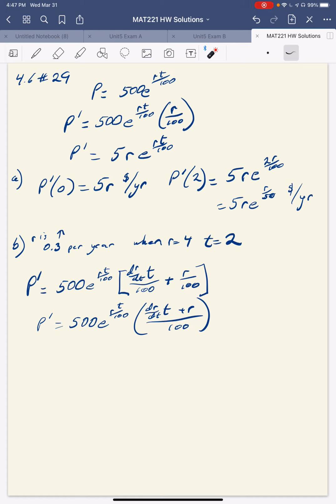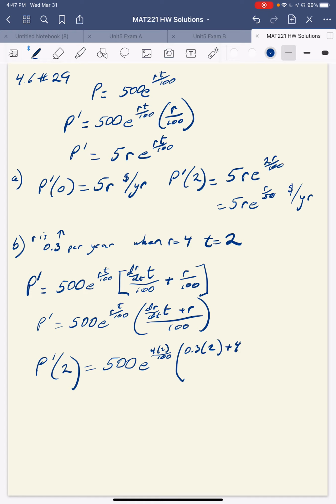So what I'm actually looking for here now is P prime at 2, because t is my 2, equals 500 times e to the number, R is 4 and t is 2. So 4 times 2 is 8. Actually, I'll just leave it here so when you're looking at it, you can see what I've done. 4 times 2 over 100. All that is multiplied by the dr dt, which is 0.3, times 2, R is 4, all over 100.